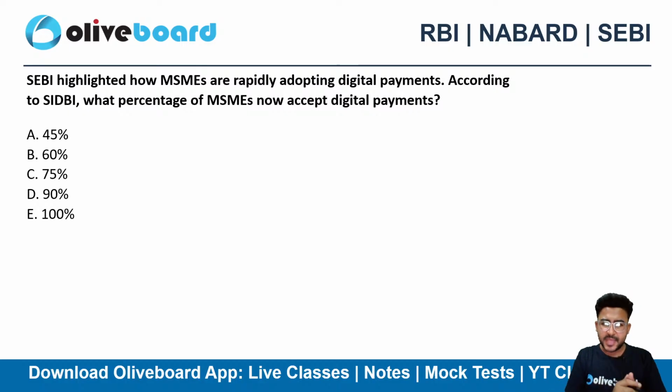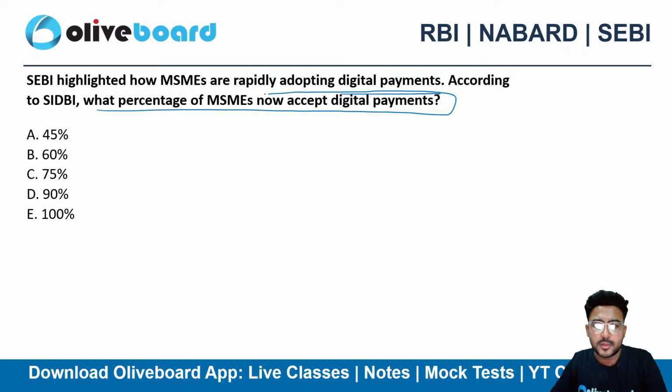Next, SEBI highlighted how many MSMEs are rapidly adopting the digital payments. According to SEBI, what percentage of MSMEs are now accepting the digital payments? So recently SEBI has, I think, released a report regarding the same.